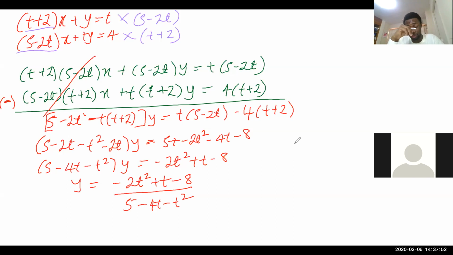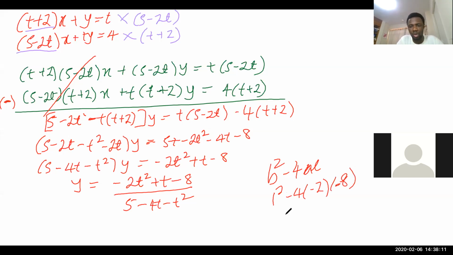So when b squared minus 4ac gives a perfect square, the quadratic is factorizable. For your numerator, b squared minus 4ac is 1 squared minus 4 times negative 2 times negative 8. So this is 1, this is negative, and this is a very huge number, so this will be less than 0. So your numerator cannot be factorized.